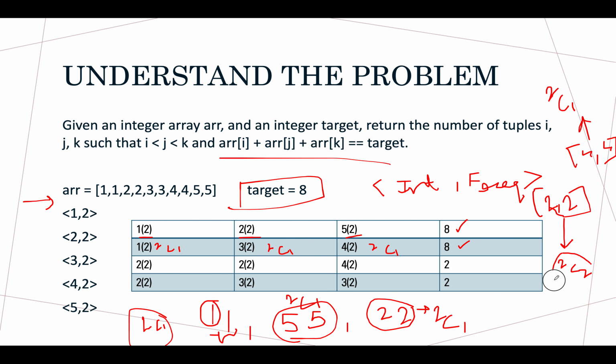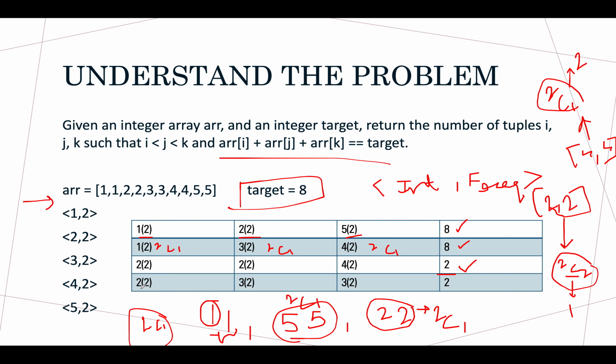Remember, this time it's not 2c1, it's 2c2. So 2c2 is 1, there's only one way you can do that. And 2c1 is 2. So 1 into 2 is the answer, which is stated here.